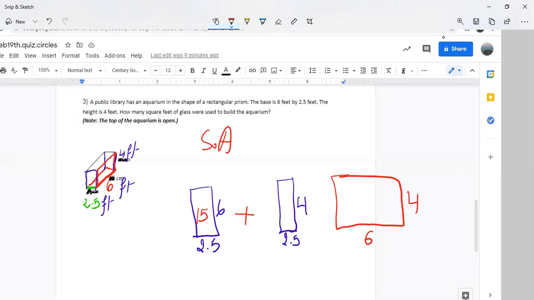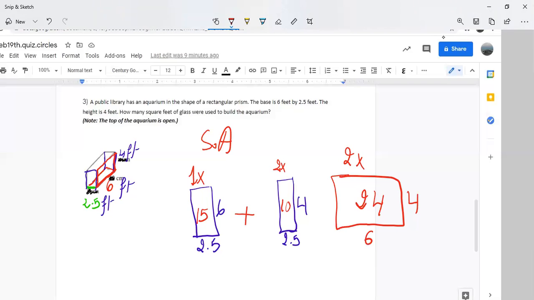So you got 4 times 2.5, which is 10. 6 times 4 is 24. Okay, so you have 2 of these, times 2, and only 1 of these. And then you just add them together.